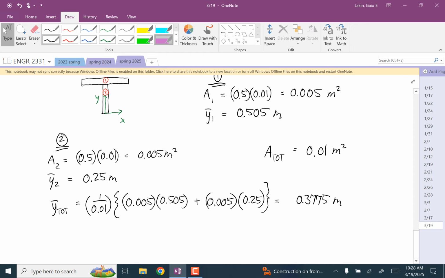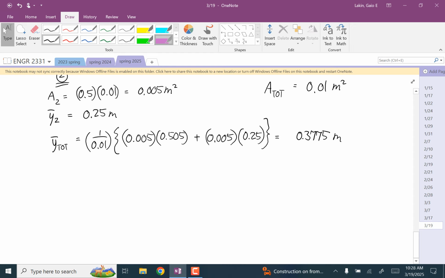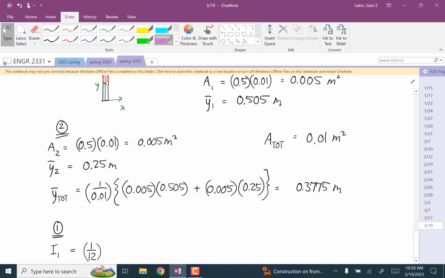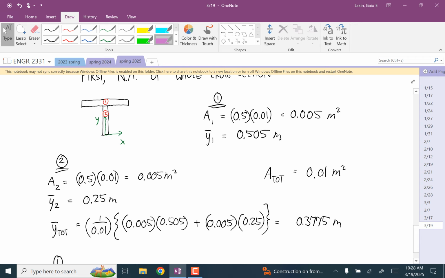Okay, so now we'll go back to rectangle 1. And the moment of inertia is 1 over 12 times the base times height cubed.